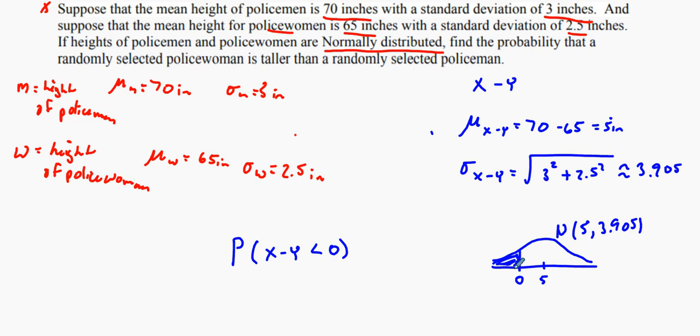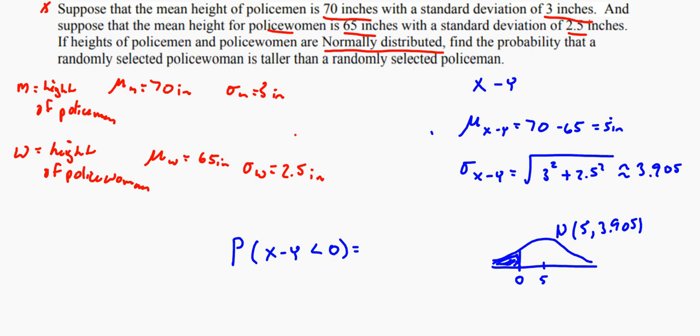Does that make sense? Hopefully that makes sense, because right here we're going to find this probability. To figure it out, we can find the z-score for this, or we can use our normal CDF.